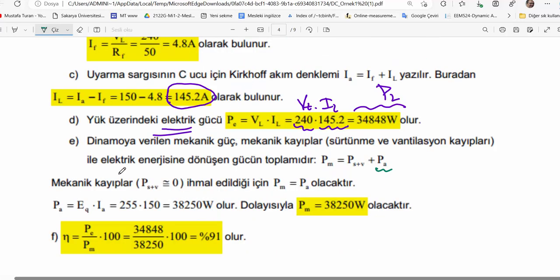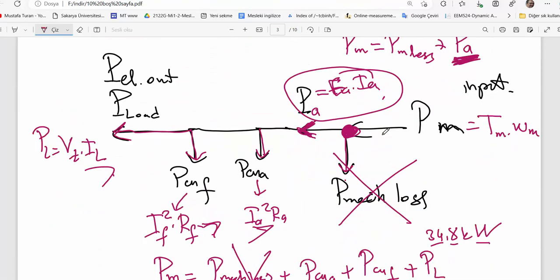Let's examine armature power: 255 times 150 amps makes such an electric conversion in the armature, so the required input power will be this. That is very lyric, but you should make some operations on the power balance diagram.